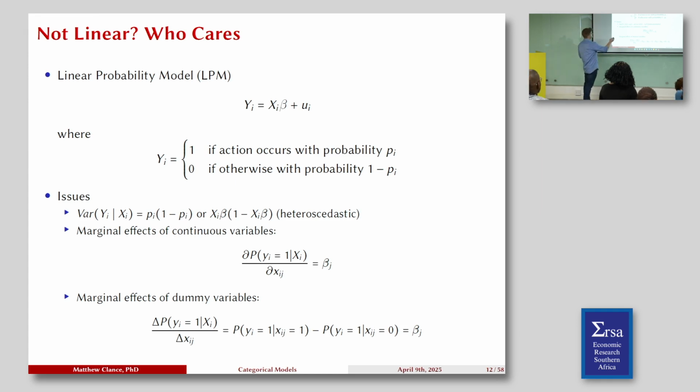In terms of the linear probability model, remember that it's still the same setup as with OLS, but the dependent variable is no longer continuous. We're saying 1 if the action occurs with probability P, and 0 otherwise, with probability 1 minus P. In terms of the variance, we know that it's heteroscedastic, so we just have to make a slight adjustment.